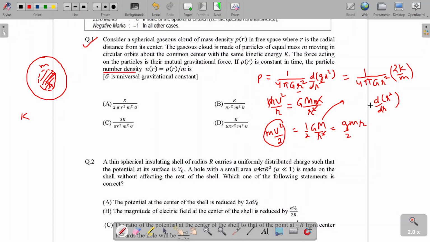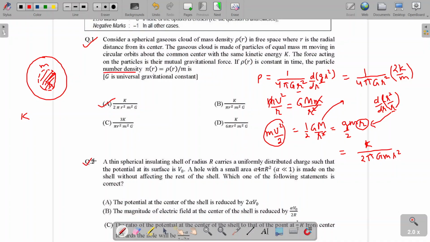So this would be r cube. If we substitute g, it would be G by r. So this expression would become k upon 2 pi G m r square, and this r, you can say, came from the expression of GM by r. So option A is the correct one.